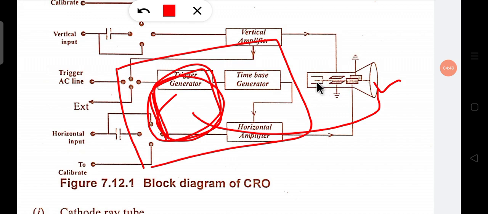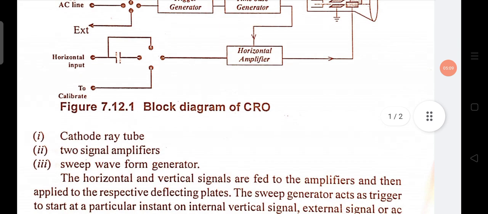This is the cathode, the electron beam is generated, guided by the vertical deflector and horizontal deflector, and strikes the fluorescent screen and draws a graphical representation, which we see on the fluorescent screen. So this is the basic concept of the CRO.